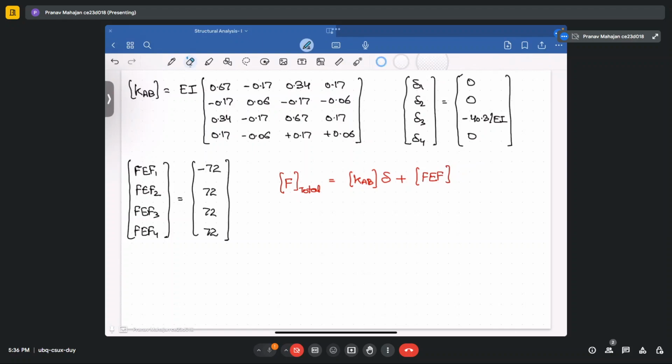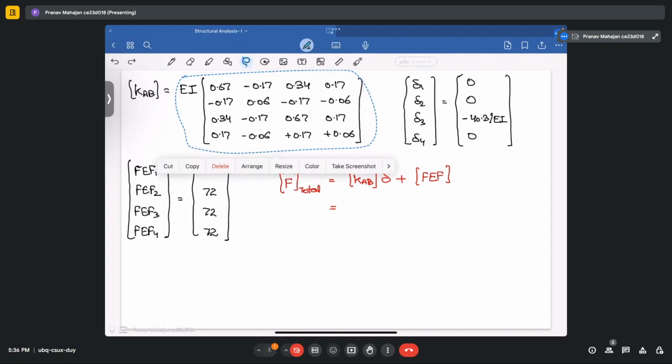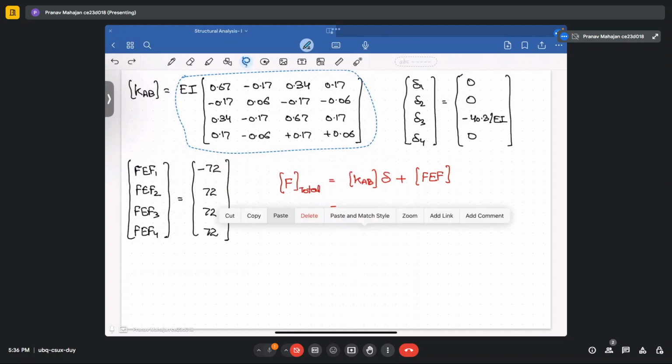Okay, so if we write it here, solving all the values, so you will get 0.67. I think I should copy. It will be easier for me. So I will copy this again, and I will paste it here.